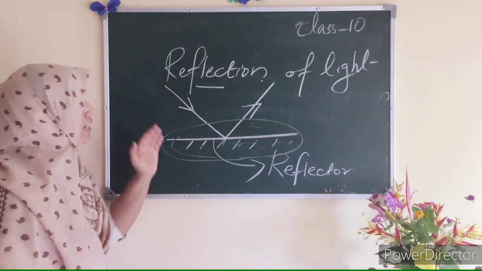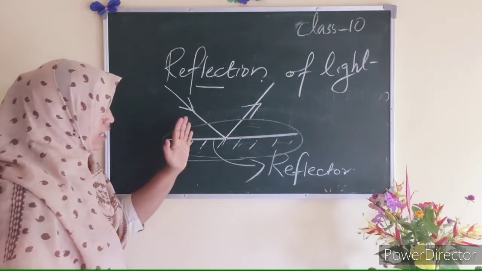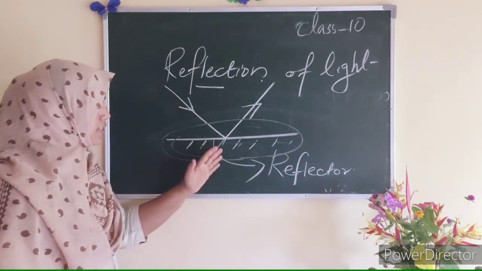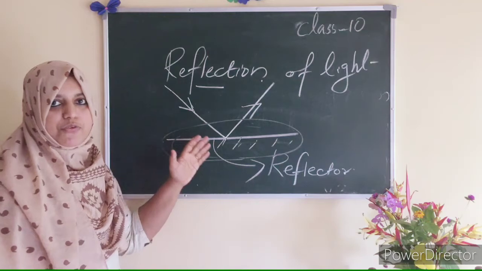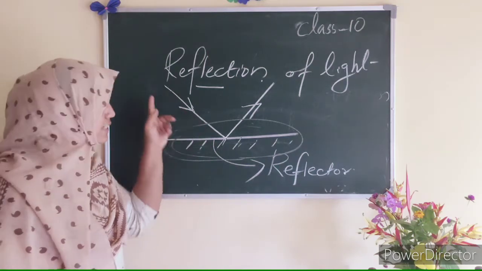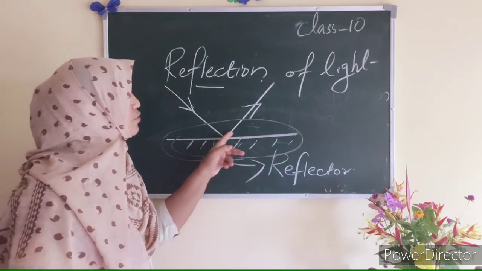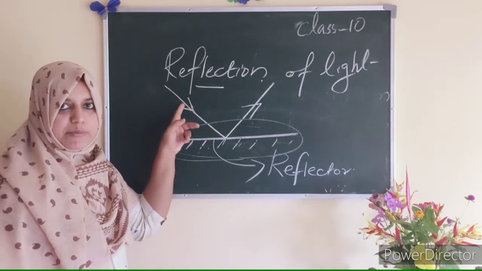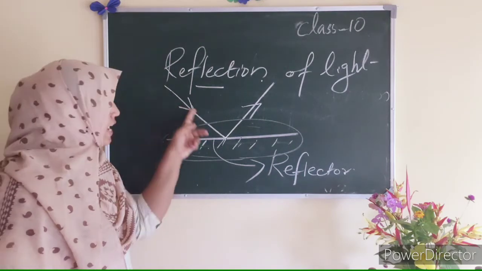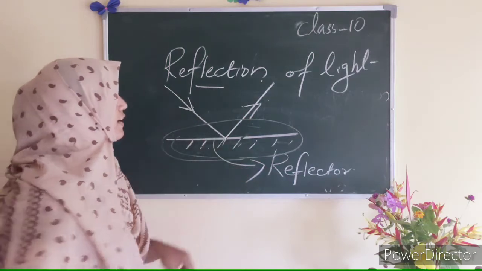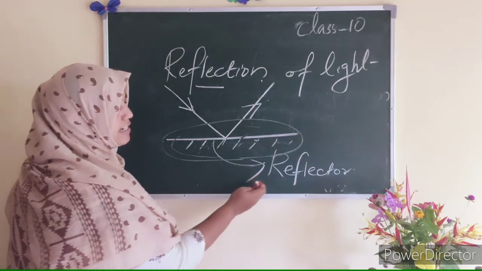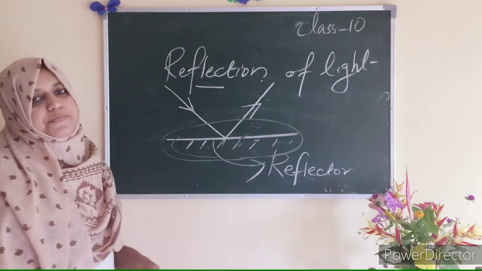Reflection of light means when a ray falls on the surface, it is the process of returning back of light to the same medium after striking the surface. And the surface which reflects the light is known as reflector.